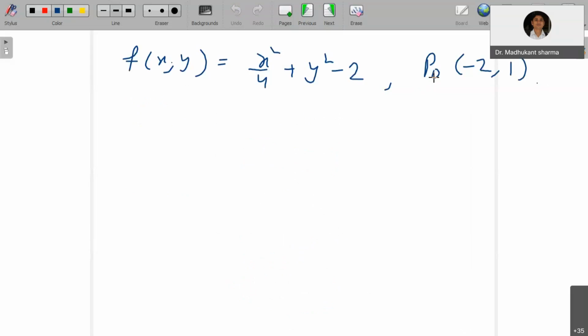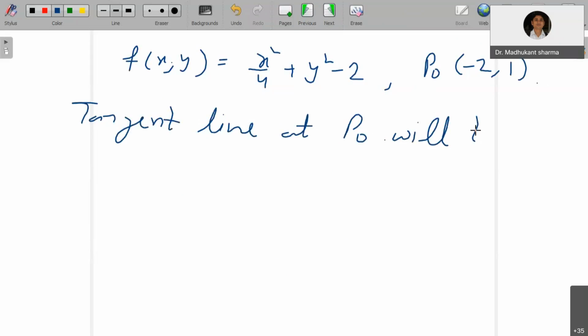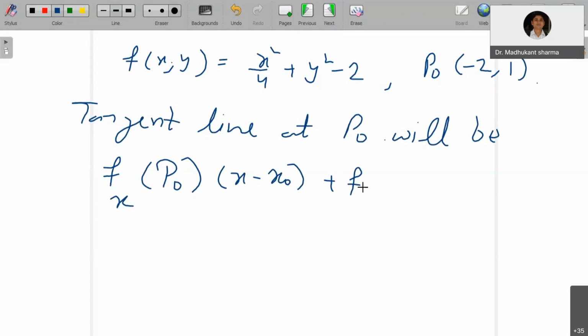So the tangent line at p naught is going to be fx at p naught times (x minus x naught) plus fy at p naught times (y minus y naught) equals 0.